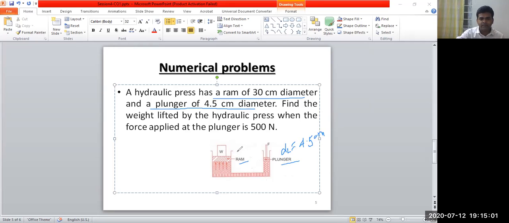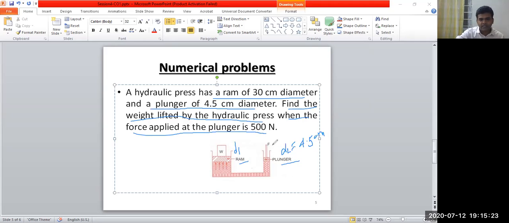Now for this ram, the diameter is D1, given as 30 centimeter. This is 30 centimeter, this is 4.5 centimeter. Now what do we have to find? Find the weight lifted by the hydraulic press when the force applied at the plunger is 500 Newton.